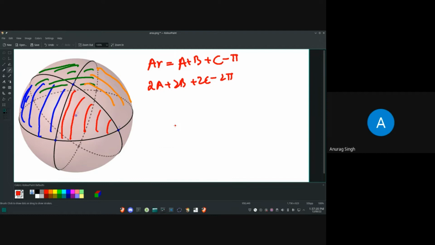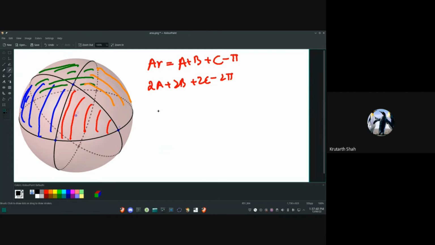Then we will have some equations. The main idea is that we will try to prove that the remaining residual area sums up to 2 pi. Correct, so the main idea is double counting.